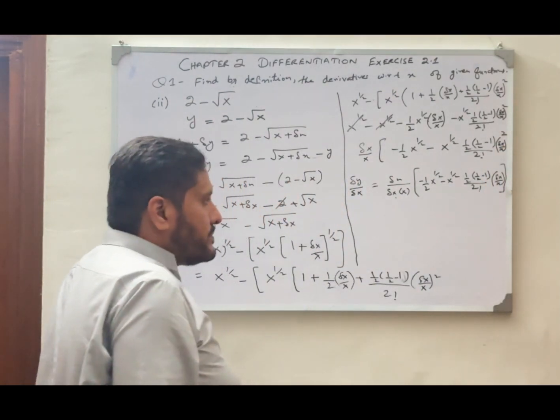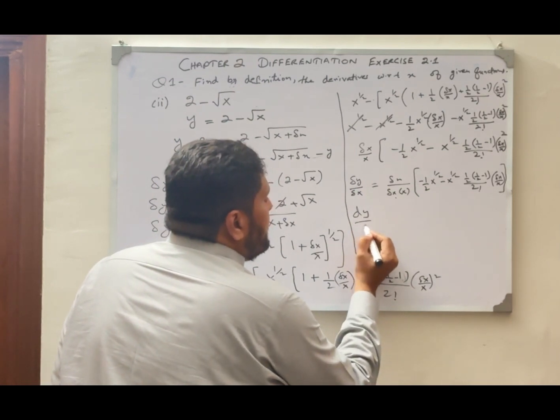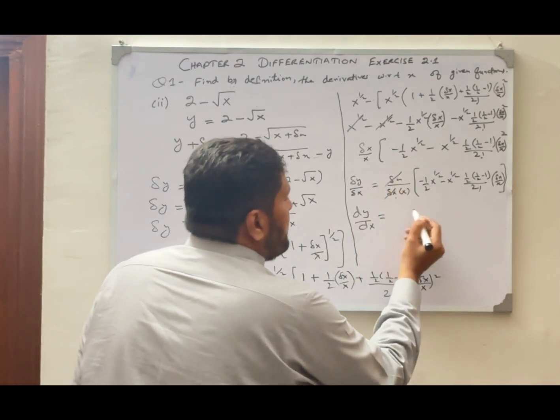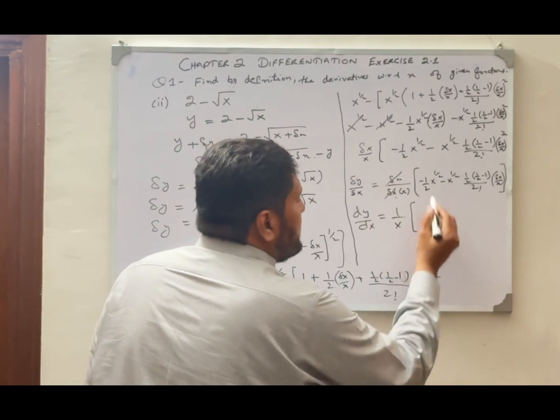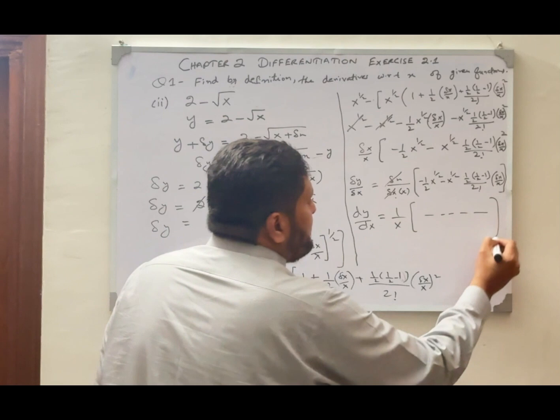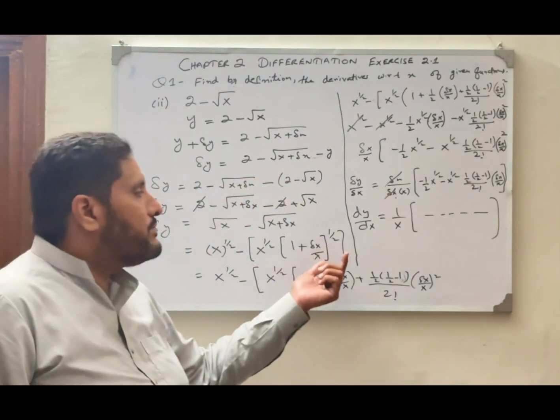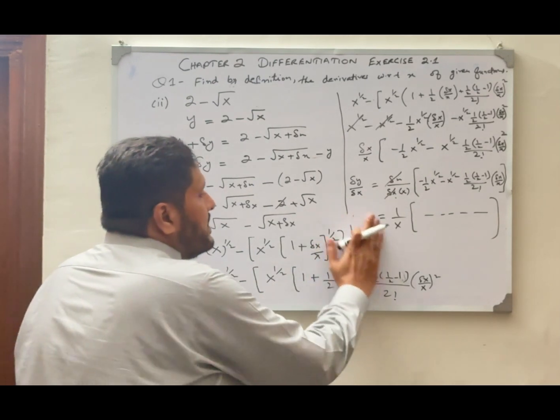Now this delta y by delta x will become dy by dx, and this is equal to 1 by x into this whole term, which remains the same as it is. And now in the last step, step 4, we have to apply the limit.